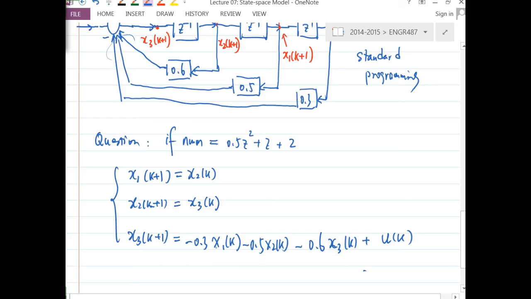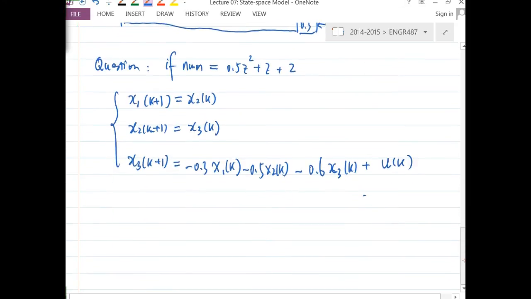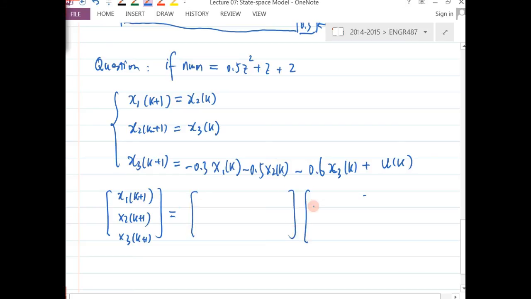Then I can write my state space equation, basically these state equations, in matrix format. So what's the matrix format here?